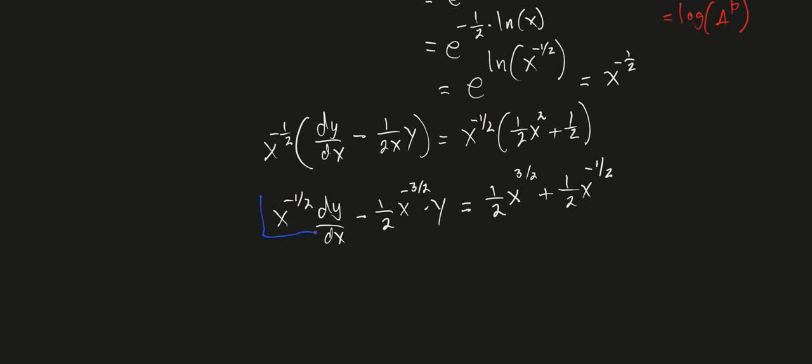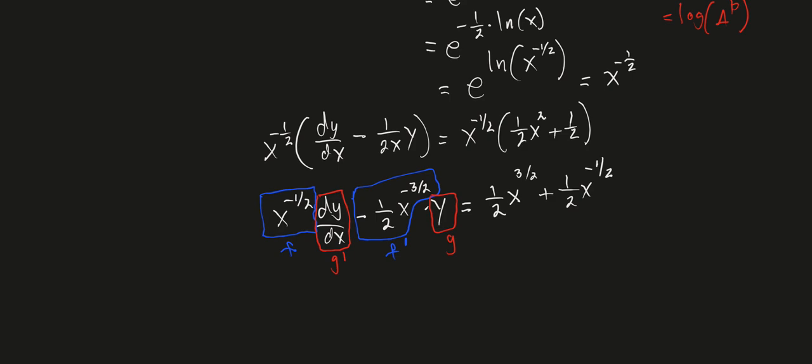If I say that this is my f, look, its derivative is right there, right? This, including the negative 1 half, that is f prime. And then if I say this is my g, then there is g prime, right?